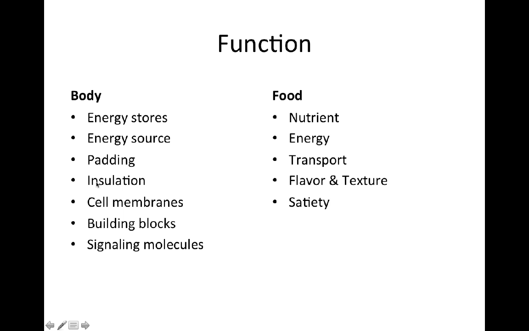We use it for padding and insulation, so it cushions some of our joints and other tissues in our body, so it provides a way of keeping us warm and keeping us safe. Phospholipids and other components such as cholesterol make up our cellular membranes, so that's one way that it's a building block. It's a building block in other ways. You use it as a component of many different things within the body.